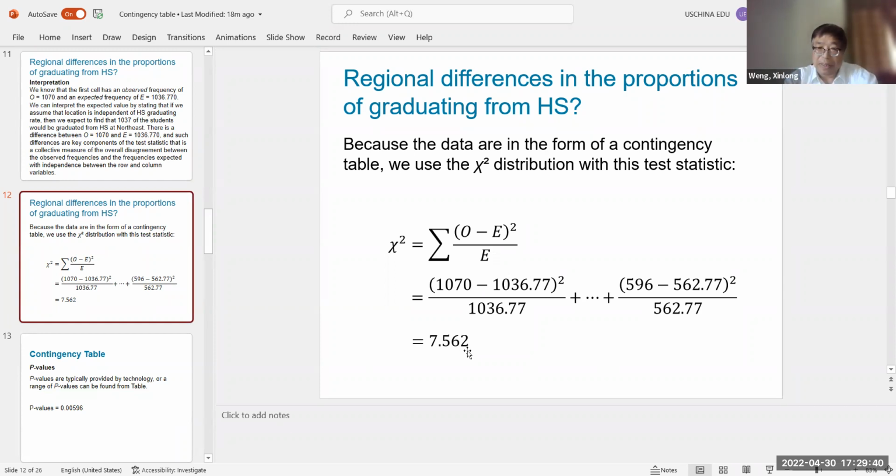One last question. Is 7.562 large enough, this difference, to make us conclude that the null hypothesis, which says location doesn't matter, was wrong and should be rejected?